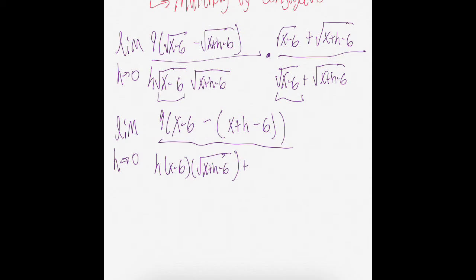And similarly, now I'm going to do plus, and the root x plus h minus 6 times root x plus h minus 6, the radicals are going to cancel. So that's going to be plus h times now root x minus 6, x plus h minus 6.